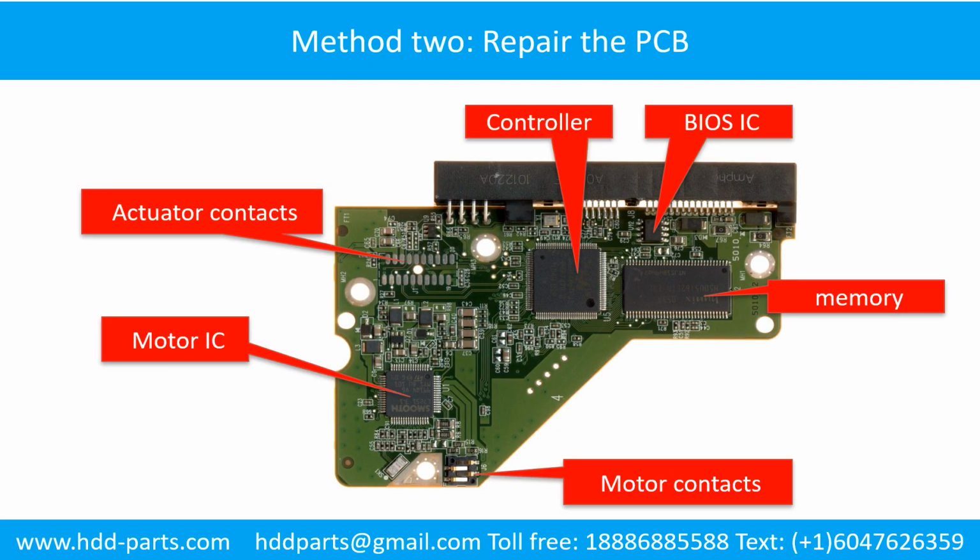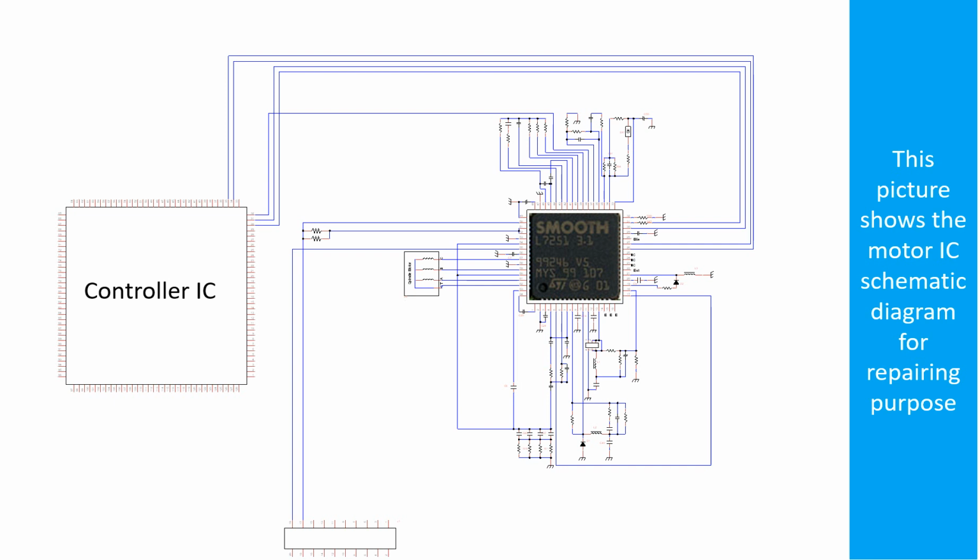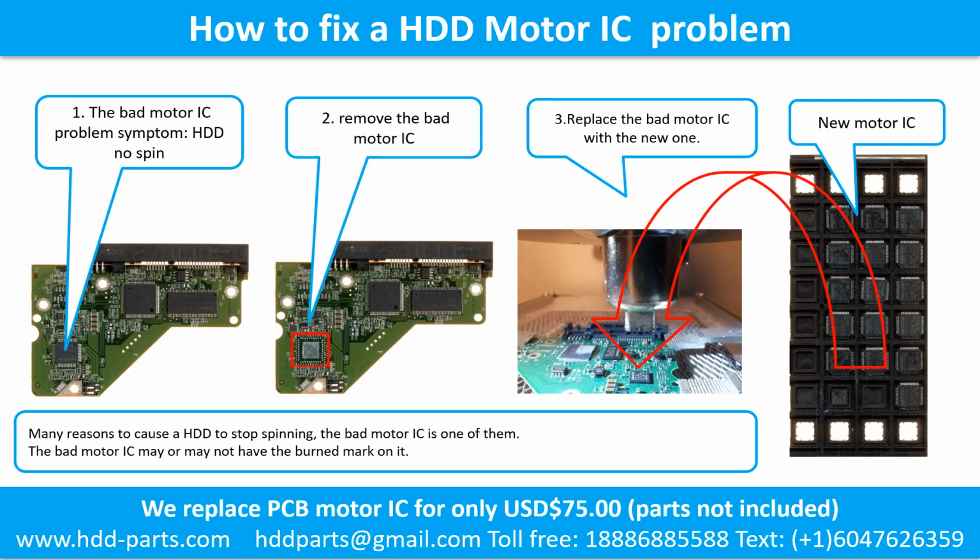This picture shows the basic components on the PCB board. The most vulnerable parts on the PCB board are the power supply circuit and the motor IC. This picture shows the motor IC schematic diagram for repairing purposes. How to fix a hard drive motor IC problem. 1.